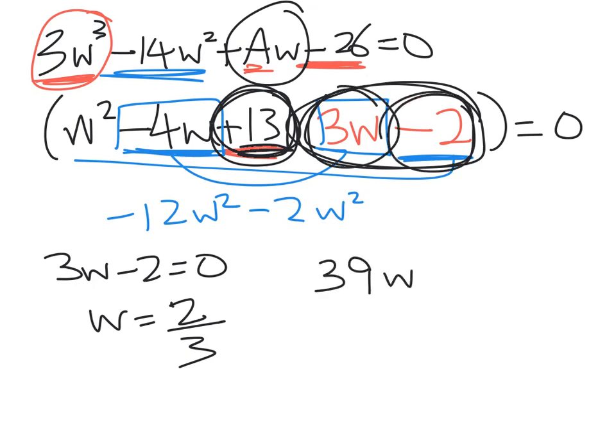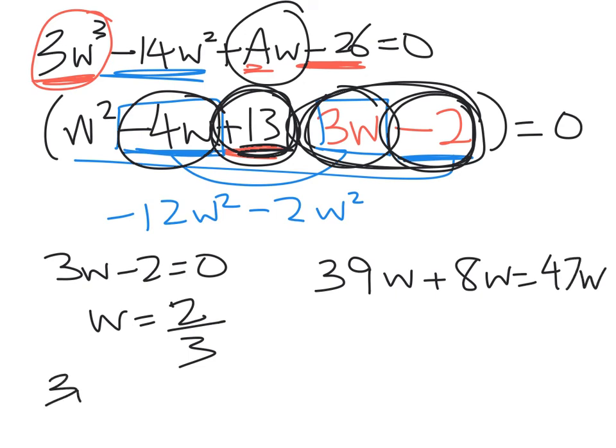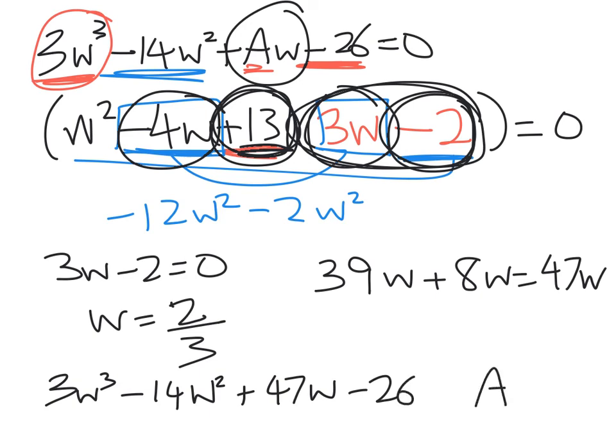And here I've got minus 2 times negative 4w, so that's plus 8w, is 47w. So my whole thing expands to give me 3w cubed minus 14w squared plus 47w minus 26. A equals 47.